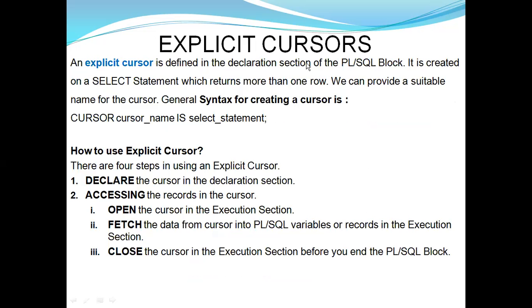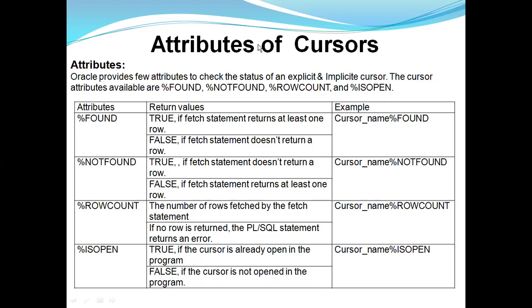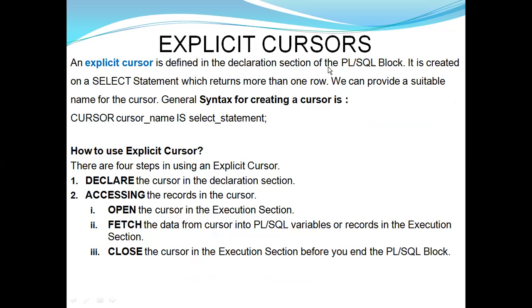Now, just let me give an example of cursors, but before that we'll go to the explicit cursor. In an explicit cursor, when you are managing the cursor, you have to follow 4 steps.